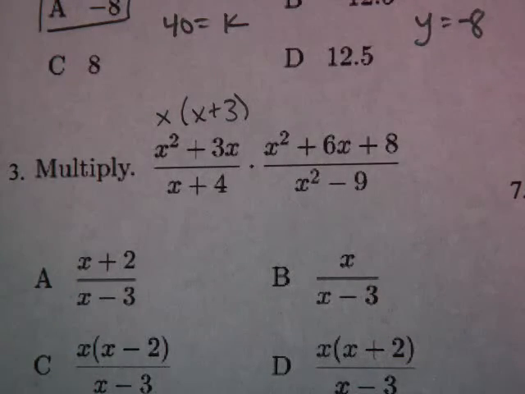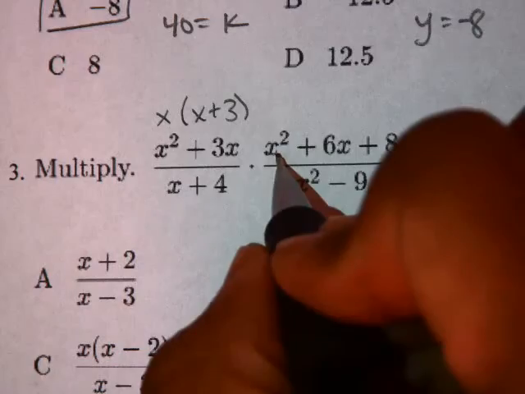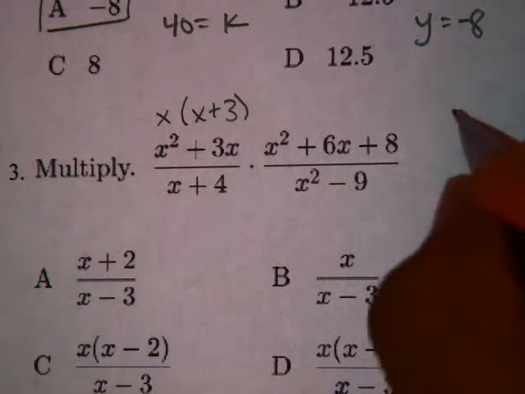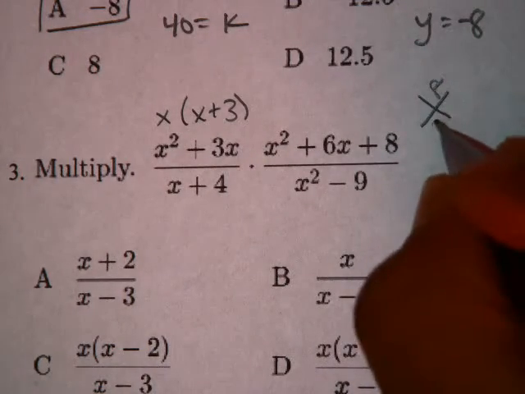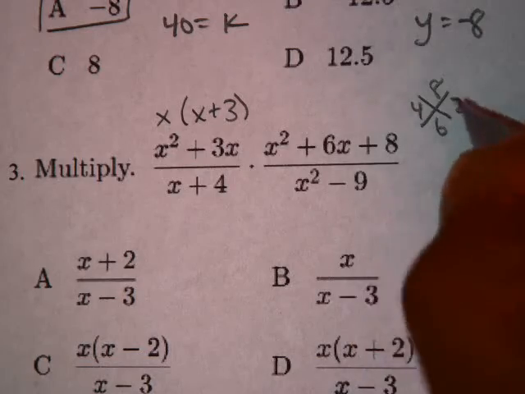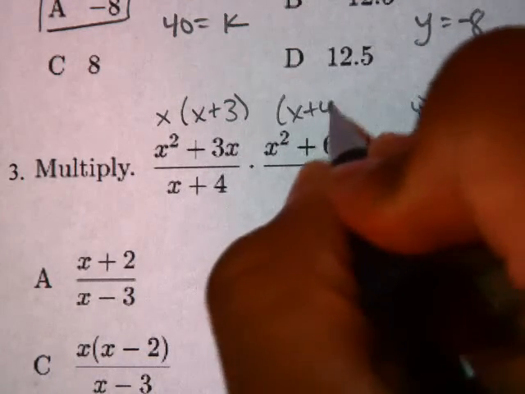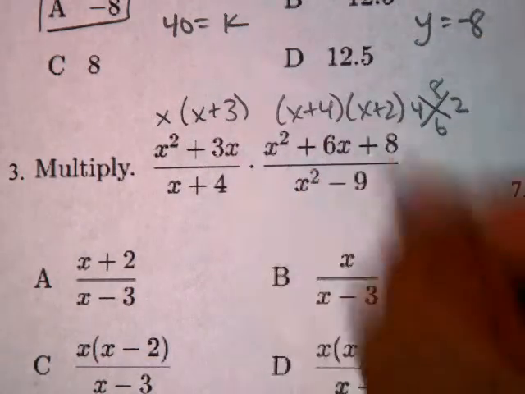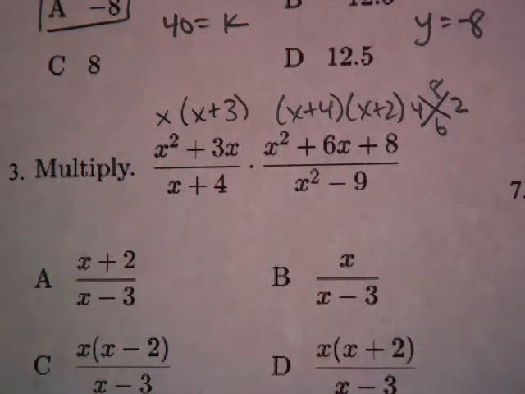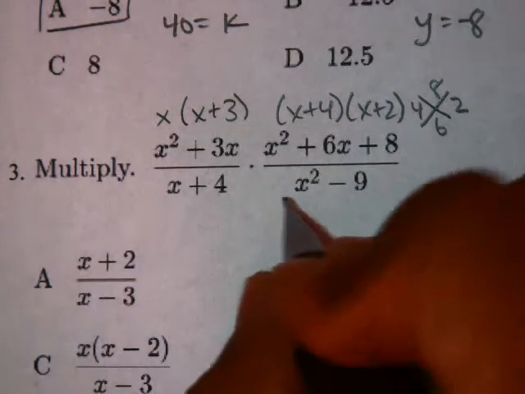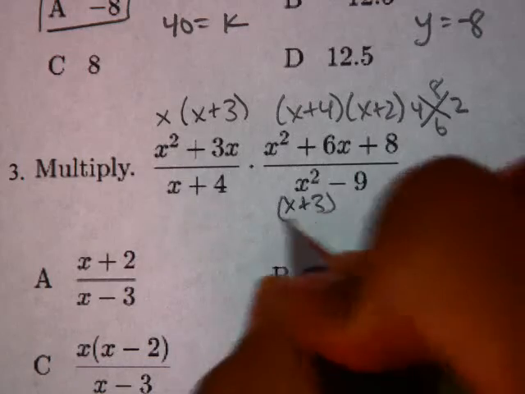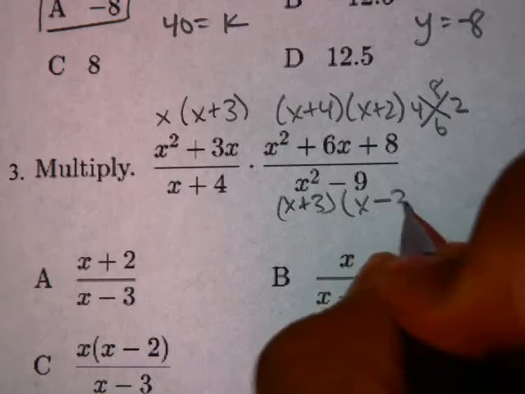X plus 4 cannot be factored, so that remains. X squared plus 6x plus 8: what multiplies to 8 and adds up to 6 is 4 and 2, so that factors to x plus 4, x plus 2. And x squared minus 9 is a difference of two squares. That is x plus 3, x minus 3.